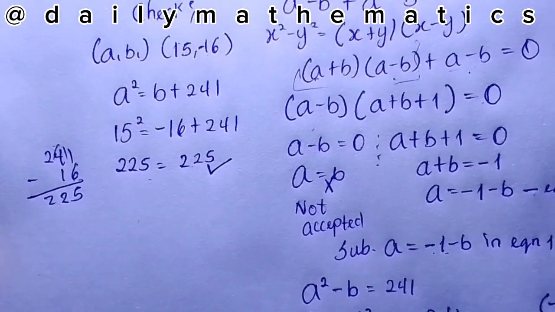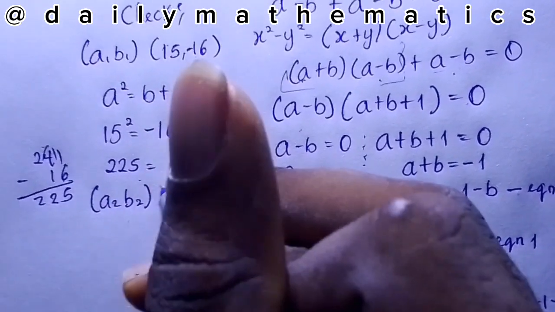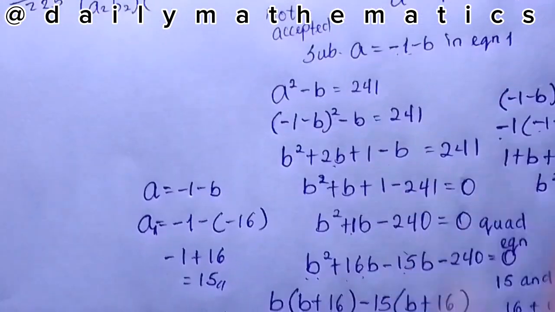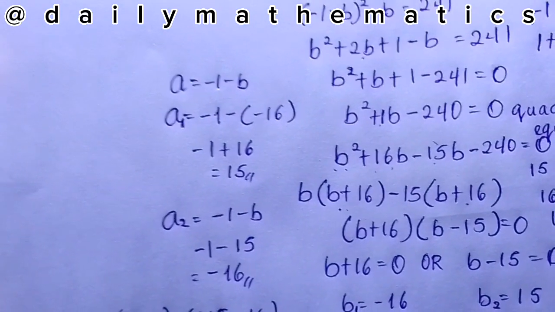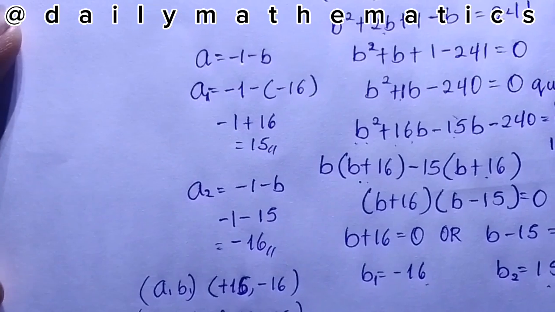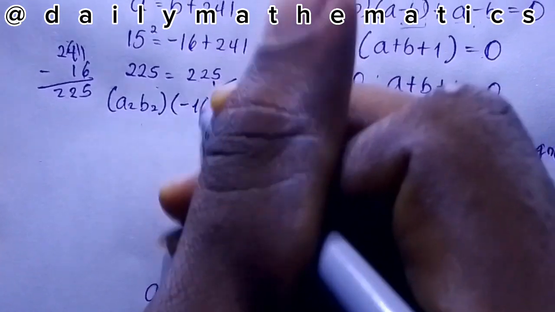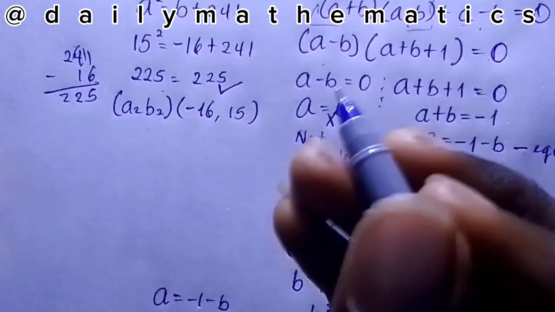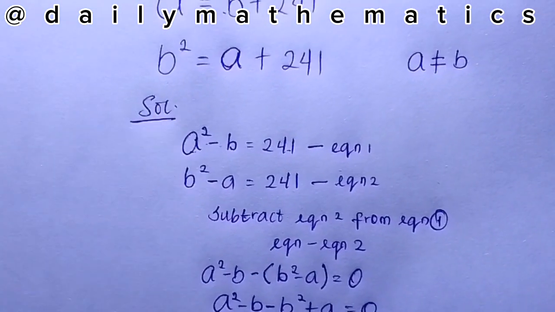Now let's check a2, b2, which is minus 16 and 15. Let's use our second equation to check that one, b squared equals a plus 241.